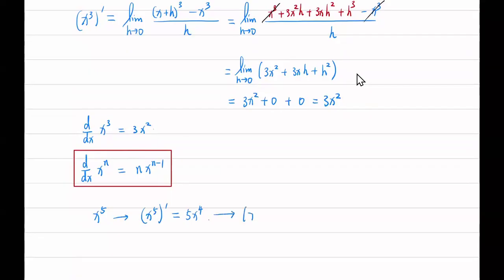The second derivative, to be the first derivative of this. Okay, Zichen, what's the derivative of this one? It's 5x to the fourth.